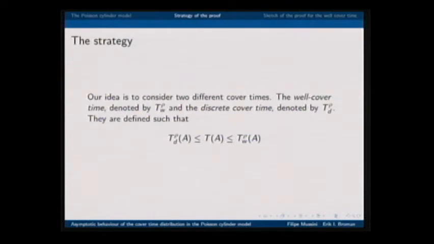One of them is the discrete cover time, and the other one will be the well cover time. They will be clear soon. And we'll have this inequality in this direction here. So the strategy, I think, could be clear here. If you have a result for this one and for this one, we take some limit, and then we get to the result for the real cover time.